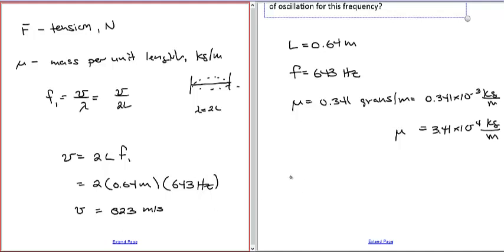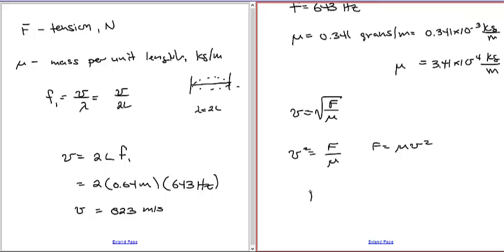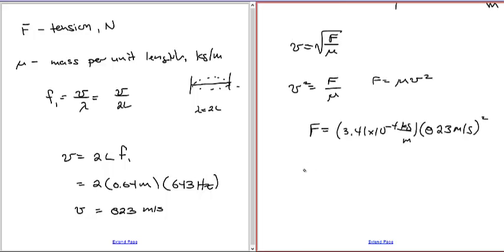And then you have the relationship, wave speed is equal to the square root of the tension divided by the mass per unit length. So if we square both sides, you'll get v squared is equal to F over mu, or F is equal to mu, the mass per unit length, times v squared. So now all we have to do is plug in everything, 3.41 times 10 to the minus fourth kilograms per meter times 823 meters per second quantity squared.